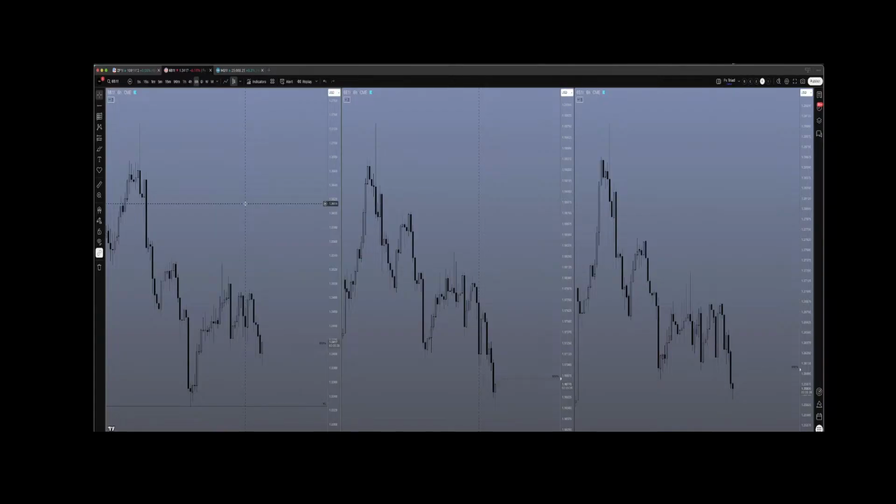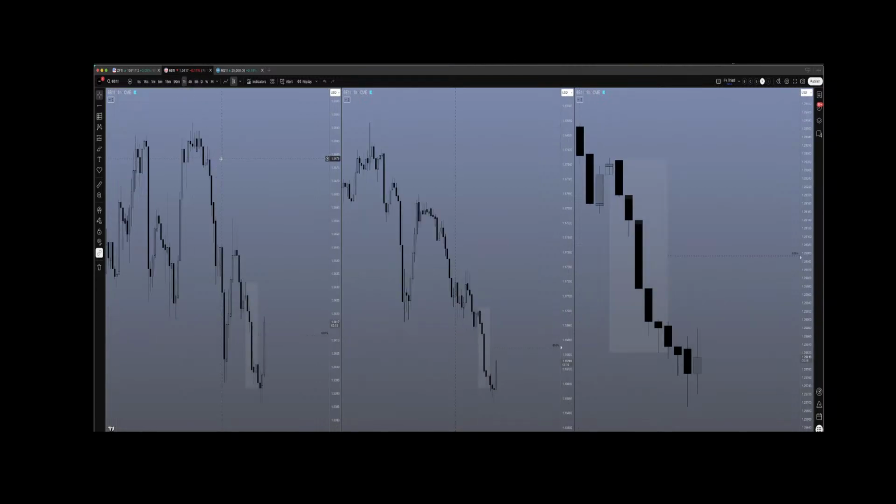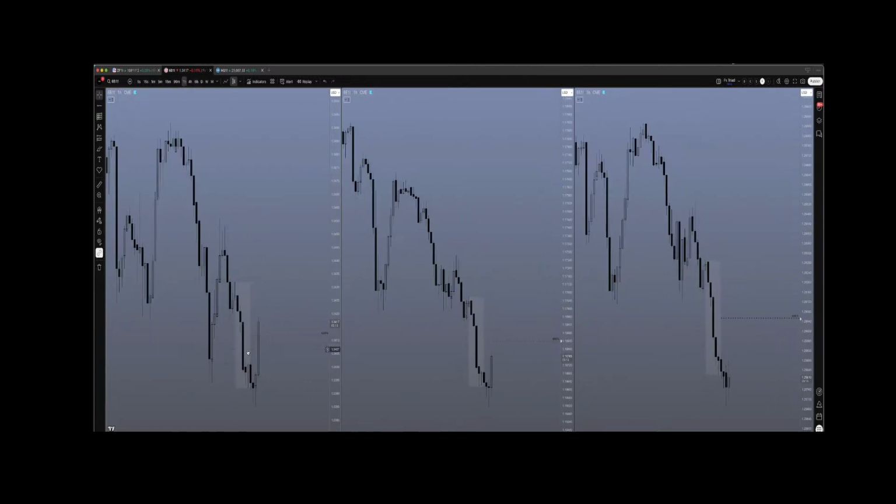Wick below the 6 hour range, close above. That's what's happening at the moment, so we'll mitigate EQ. Looks like we're closing above EQ there though.